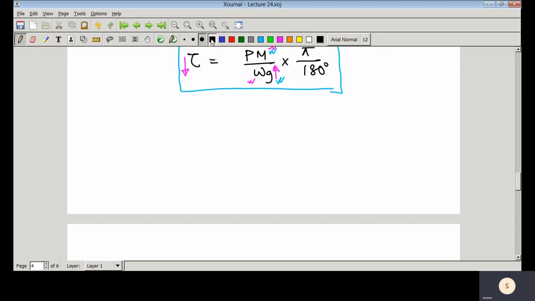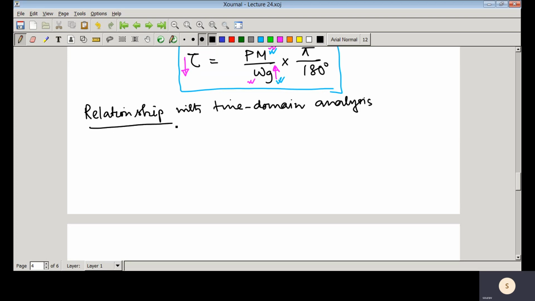So let us give the heading: the relationship with time domain analysis. That means, what is the relationship between the time domain and the frequency domain, where the frequency domain is for the closed loop transfer function.